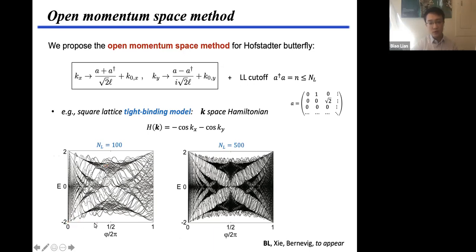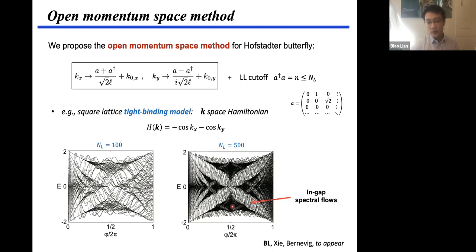It can be any number, you just change it continuously. But as you can see, it indeed gives you the outline of the Hofstadter butterfly. And as the cutoff is bigger, this Hofstadter butterfly spectrum becomes more precise.